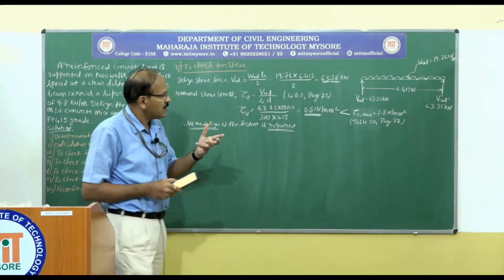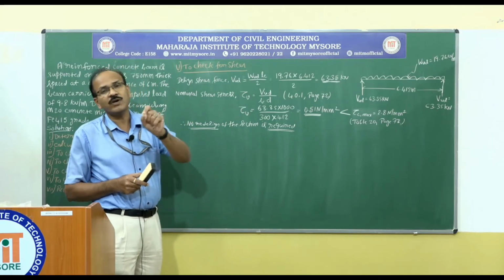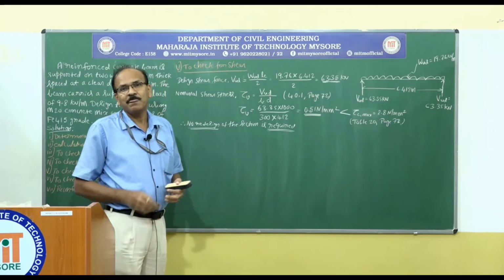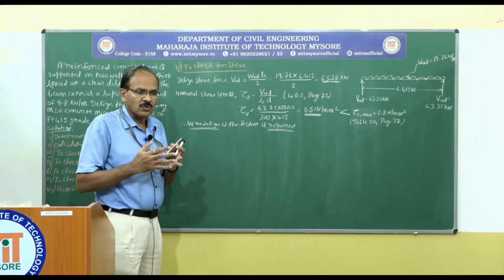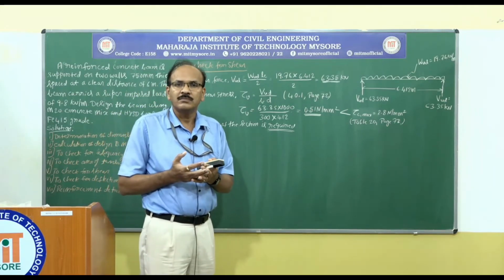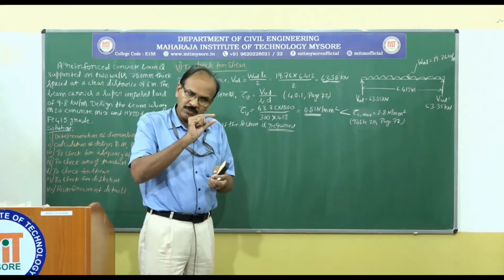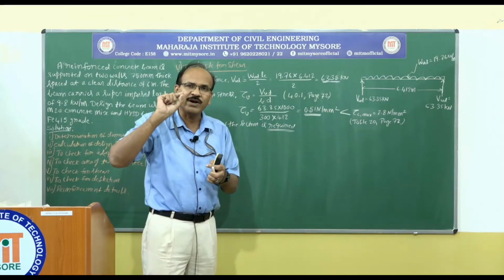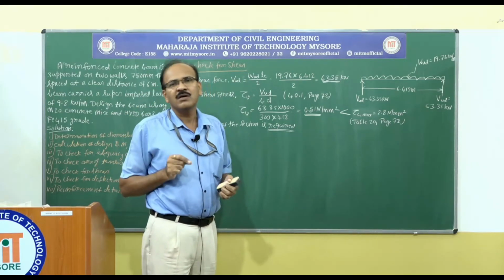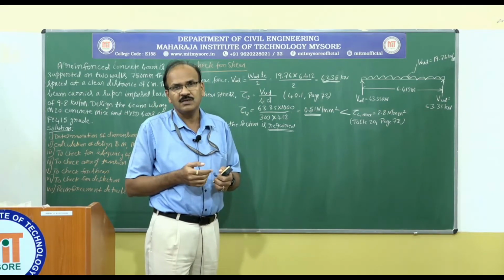So the next thing is, what is the shear strength contribution due to concrete, and also what is the shear strength due to steel. Here, because we are designing and we know the sectional details and also the percentage of tension reinforcement, we can find out the design shear capacity of concrete based on the percentage of tension reinforcement.